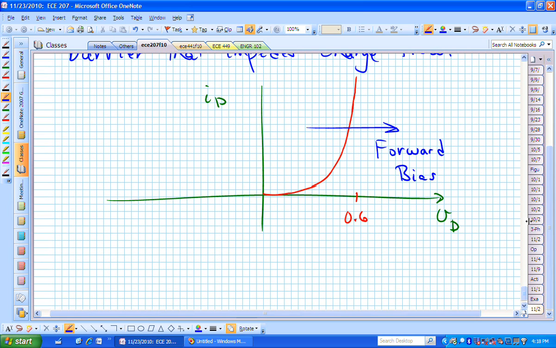If somebody starts applying a voltage just the opposite direction of what I've indicated, or trying to look at a negative V sub D, and again, this right here might represent 1 milliamp. And if you want a better picture, look in the textbook. This is figure 10.2, hopefully.